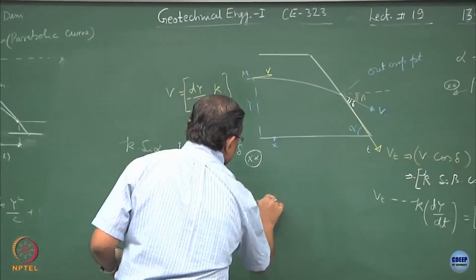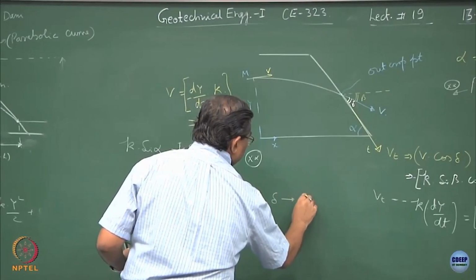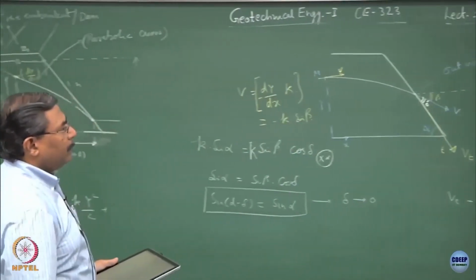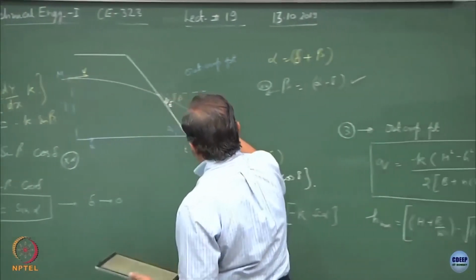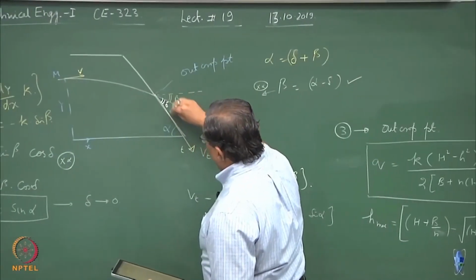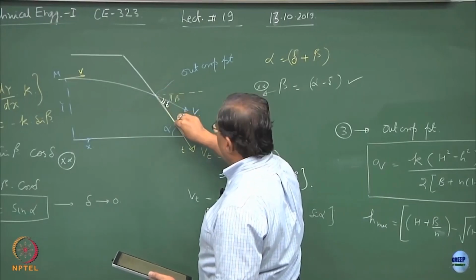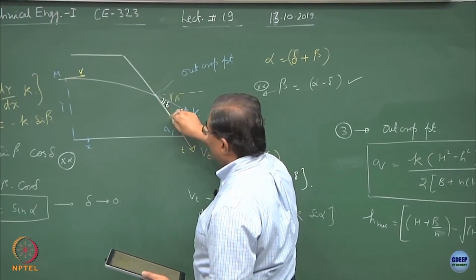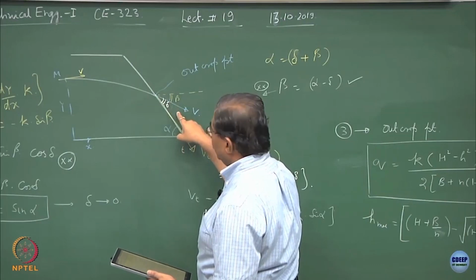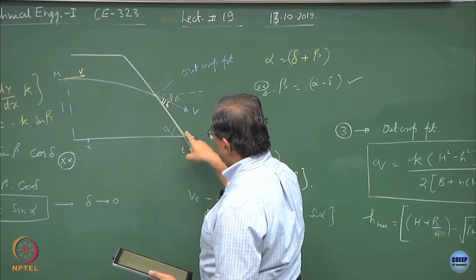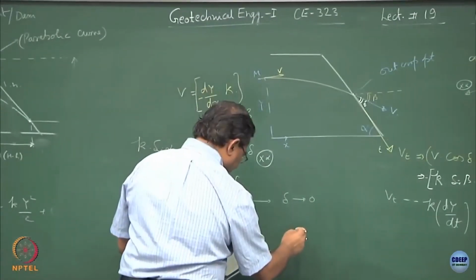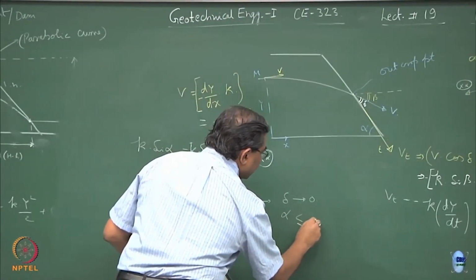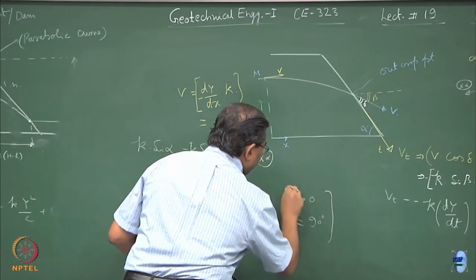What this indicates is that delta tends to 0, number 1. If delta tends to 0, that means the discharge velocity at the free surface is going to be equal to whatever the v component is. So this is always parallel to the downstream slope. This solution is valid when we say alpha is less than equal to 90 degree.